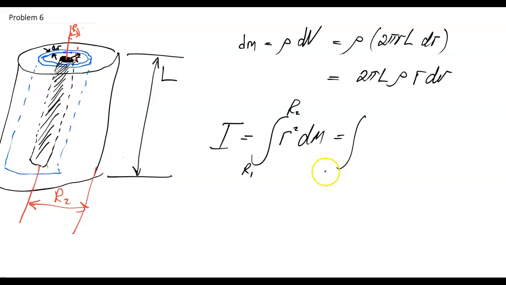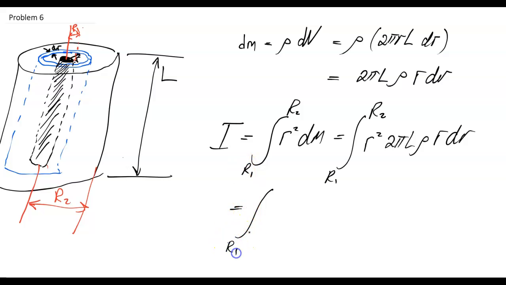So this is from r1 to r2 of r squared times 2 pi L rho r dr, which is the same as the integral from r1 to r2 of 2 pi L rho r cubed dr.